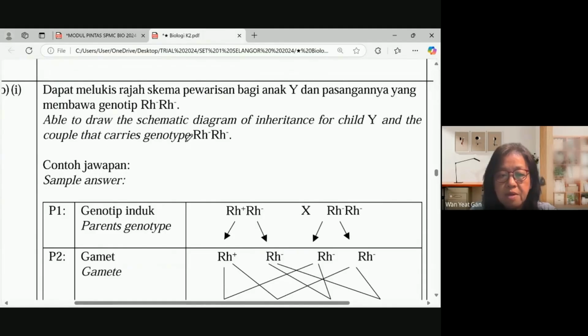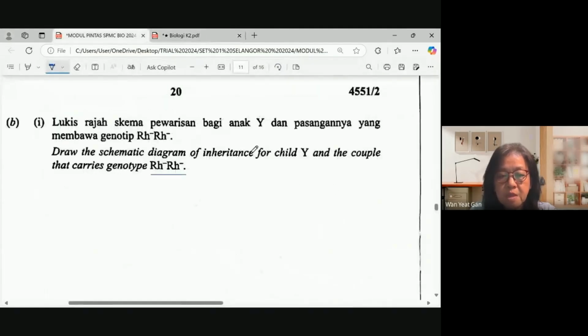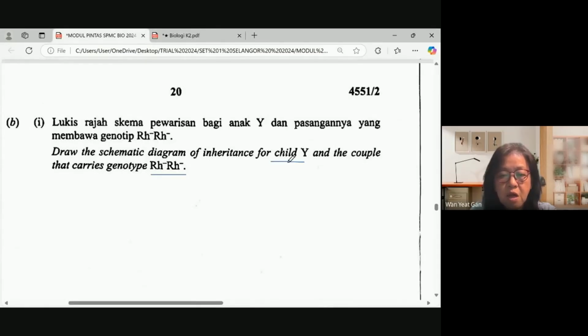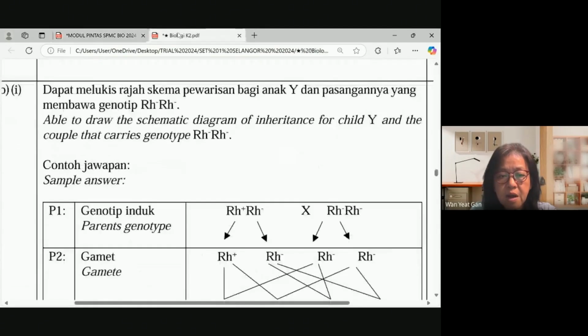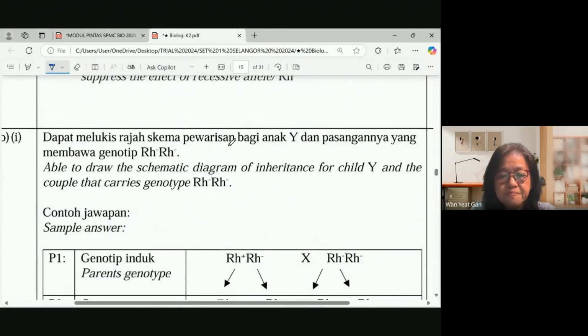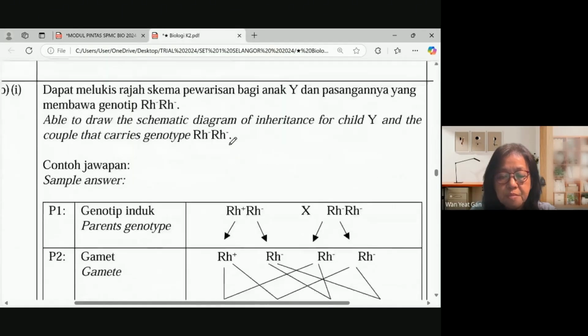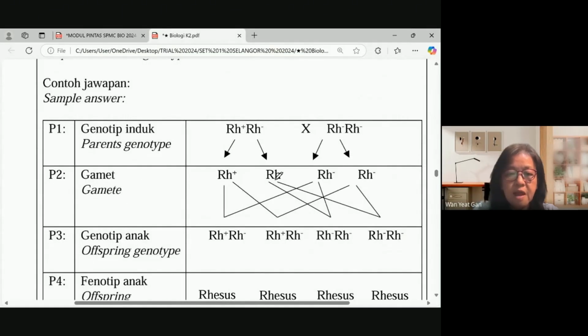The couple carries RH negative, RH negative, while child Y is RH positive, RH negative. So the gametes are RH positive, RH negative, RH negative, RH negative.